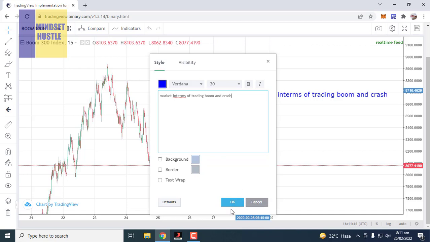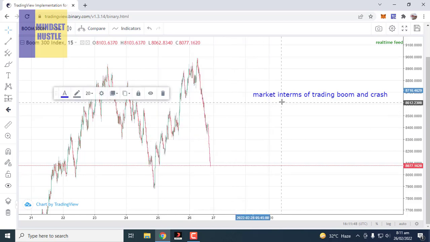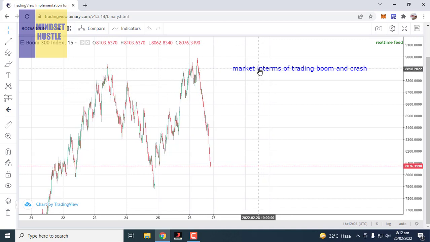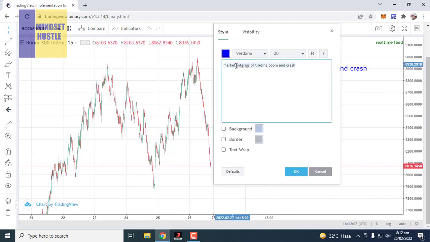So when we tend to trade boom and crash, how should we look at the market? One of the most important things that a lot of people don't take into consideration when trading in general is structure.